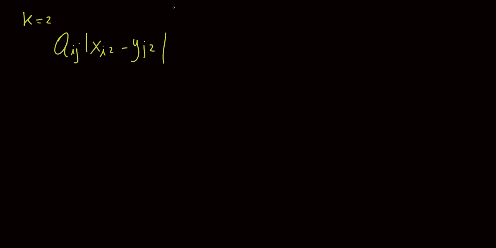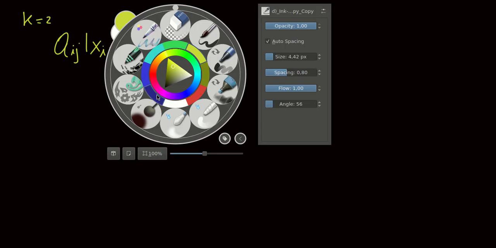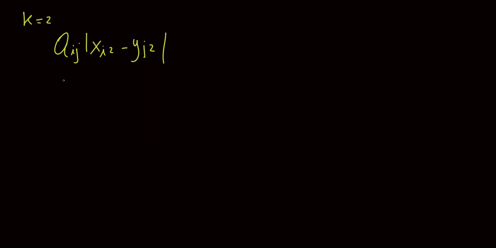How can we expand this? We can expand this if we switch colors. For i equal to 1, I will have a11 times x12 minus y12.